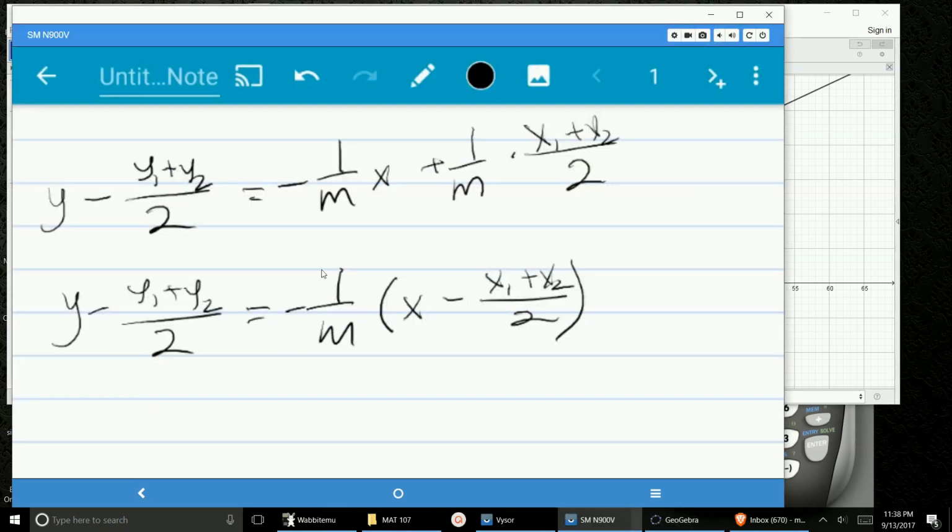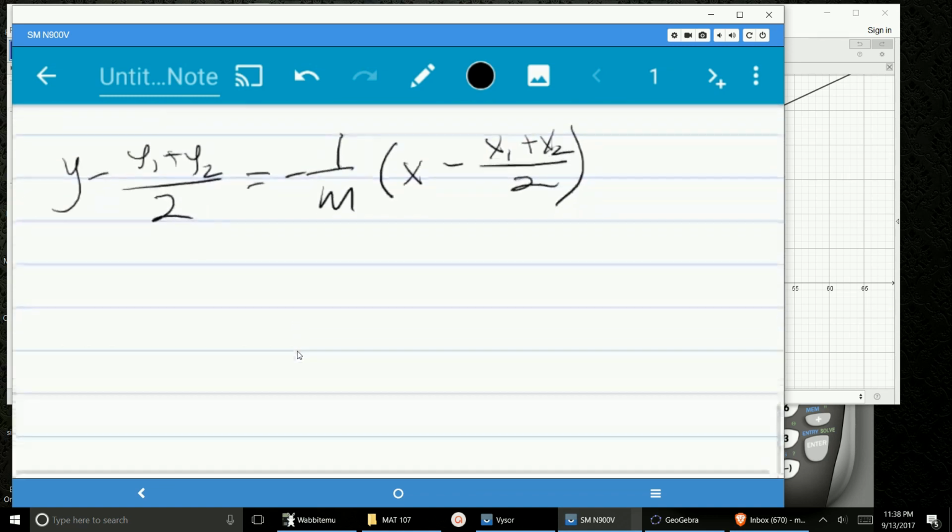That's one way to show why perpendicular lines have negative reciprocal slopes. If I took the product of m and this, I would get negative 1. I just love how it ties the midpoint and the perpendicular line slope ideas together just by finding that line.